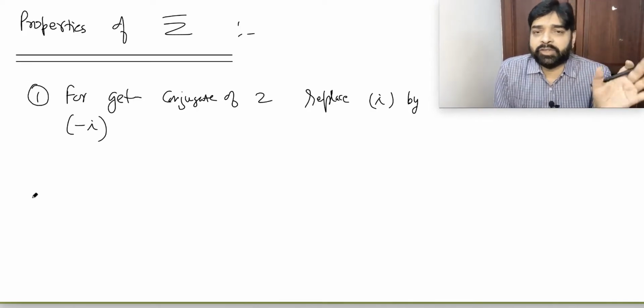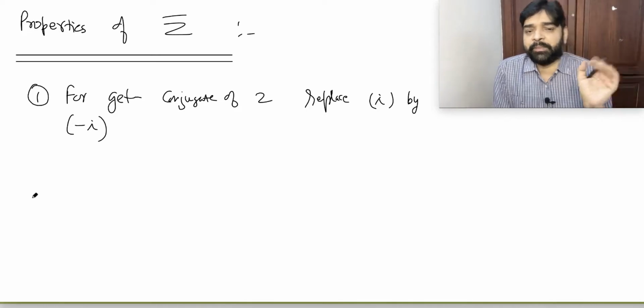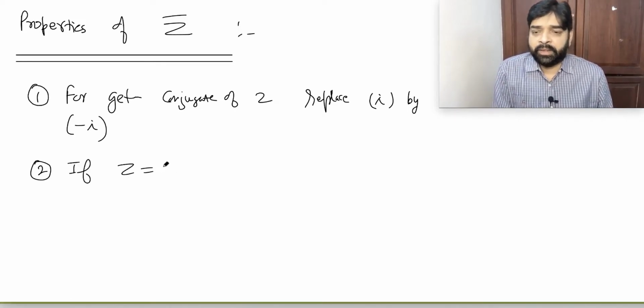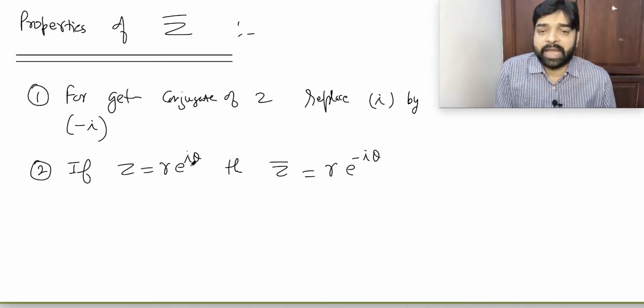Whenever you have to get the conjugate of a complex number, i will be replaced by minus i. Second, if z equal to r into e power i theta, then z bar will be what? r into e power minus i theta. Why so? Because i will be replaced by minus i.